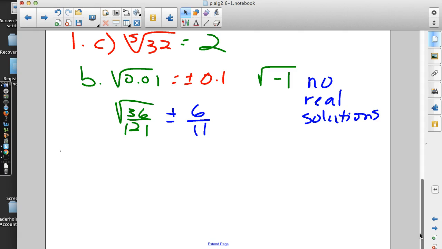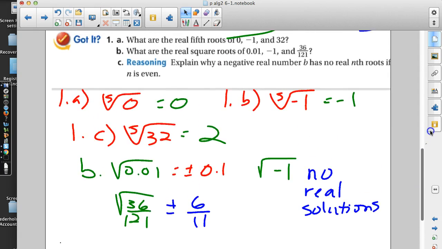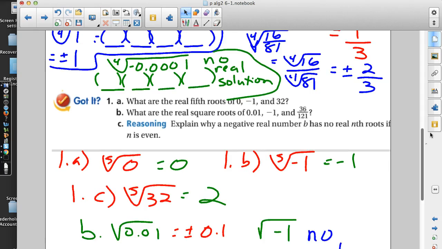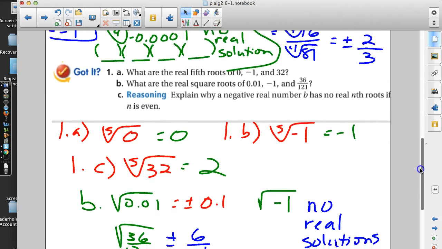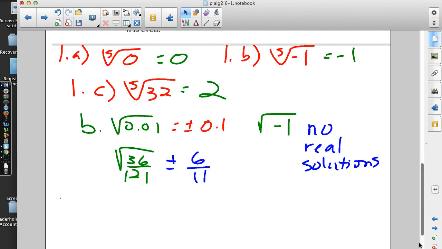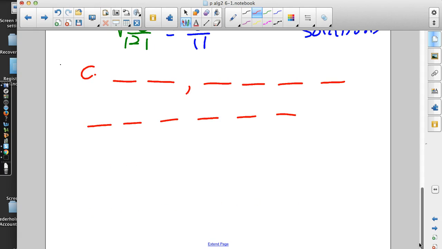Now, there was a part C up here that's kind of important. Part C says, explain why a negative real number b has no real nth roots if n is even. So, they're asking why, if we have 2 slots, or 4 slots, or 6 slots, or 8 slots, etc., why it can't be negative.